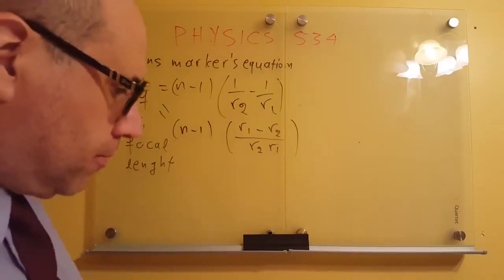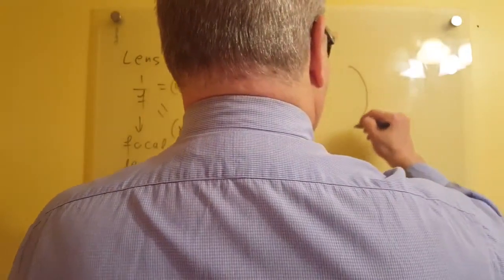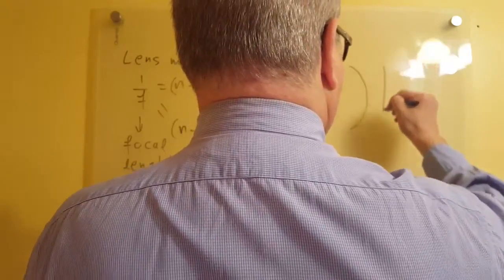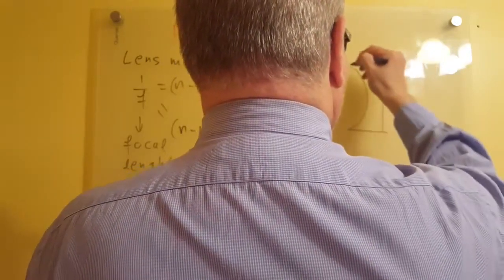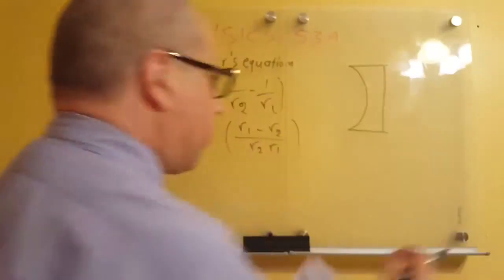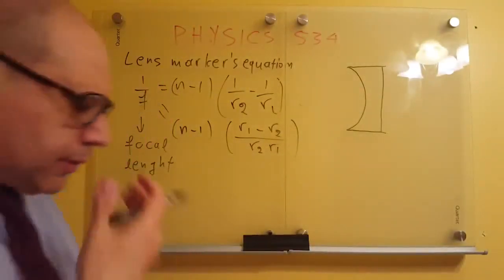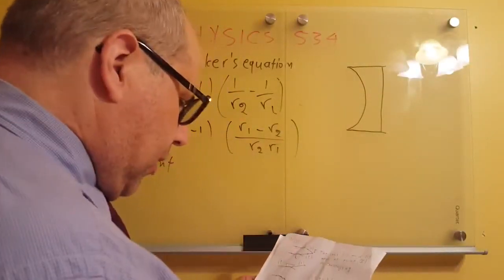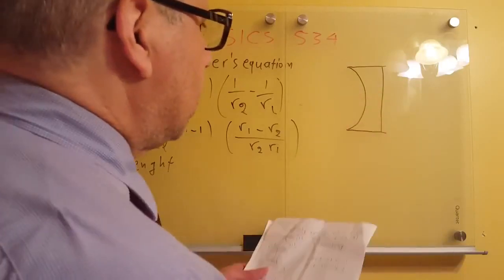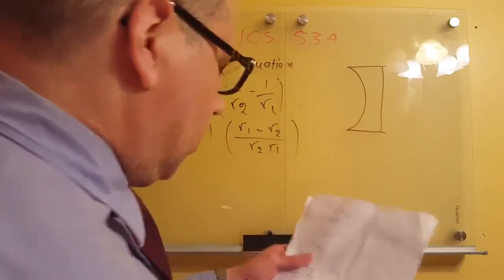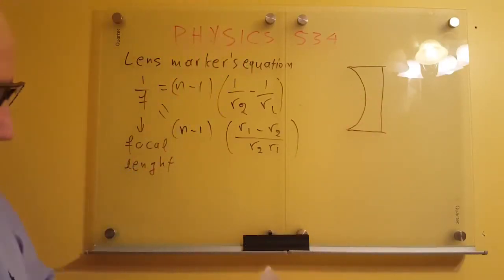I will show you now why this lens here is diverging. So this lens here is called plano concave.